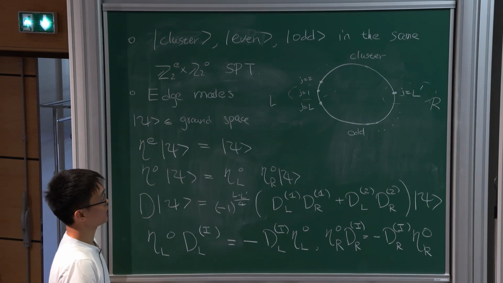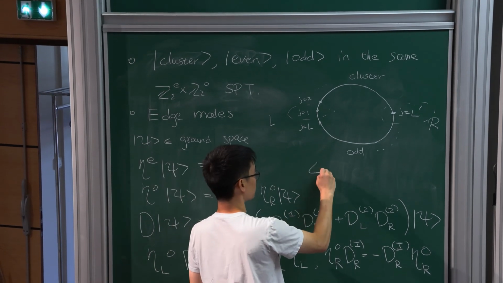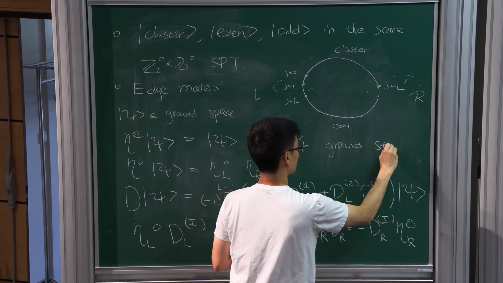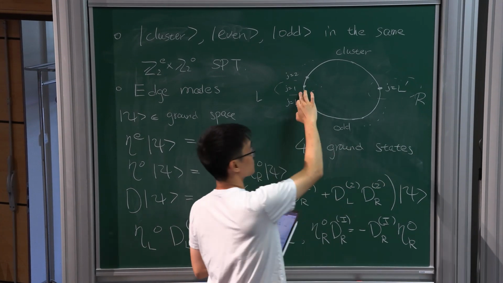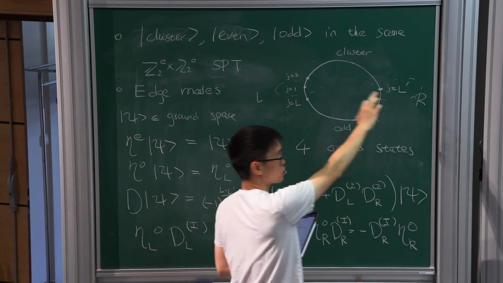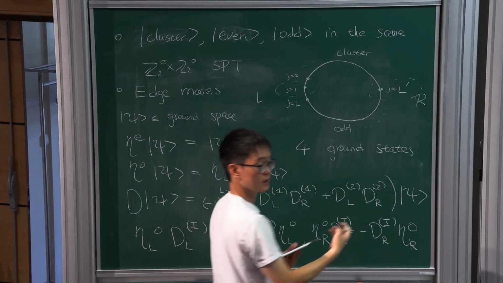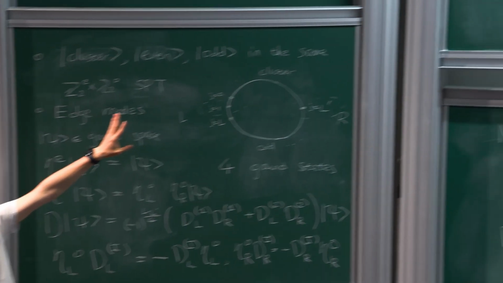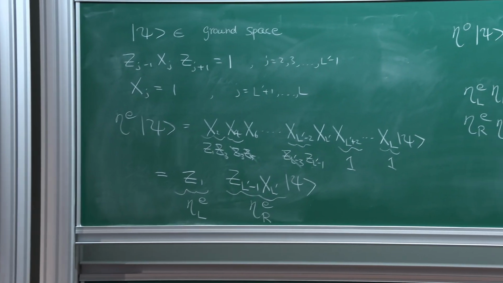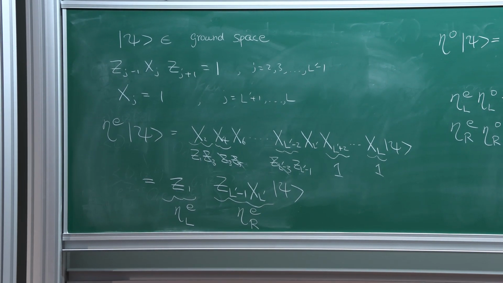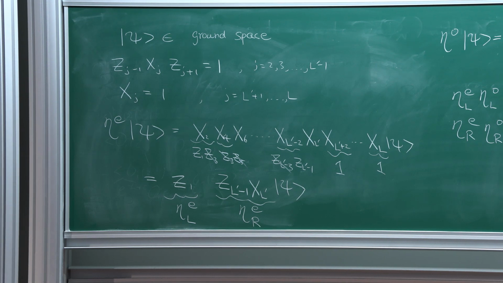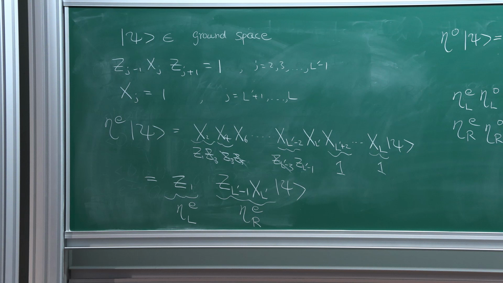The system has four ground states, this interface system. There are two edge modes localized at the left interface, two edge modes localized on the right interface. It's very similar to the system between the cluster and the product we studied over there, except that in the invertible SPT case, the edge modes are a consequence of the projective algebra between the local factors of the two Z2s.